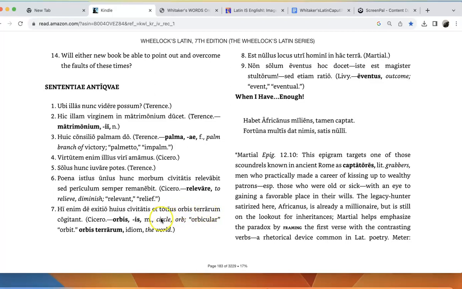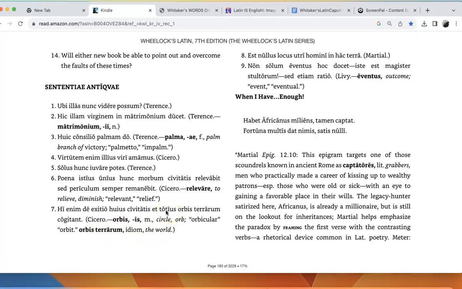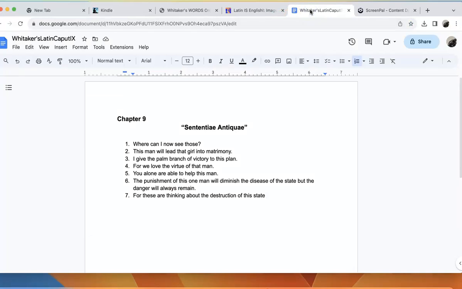This is an idiomatic way of saying the entire world, and of the entire world. In fact, let's just put that down. So this phrase right here, probably just orbis terrarum, means the world, of the entire world, totius, total, of the total world. So for these are thinking about the destruction of the state and the total world.